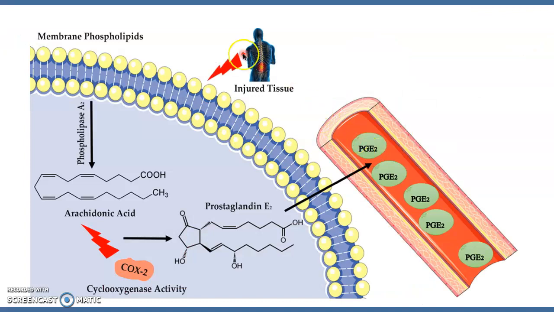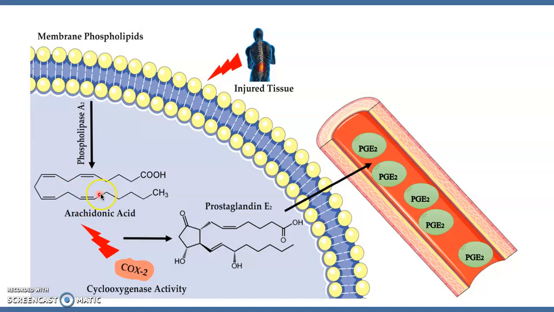So let's imagine you have a tissue injury. That's going to activate an enzyme. The enzyme's name is phospholipase A2. So it works on a phospholipid, and you see the A suffix. It's an enzyme that works on a phospholipid, and these are the ones that cleave off the arachidonic acid, which you can see the chemical structure for here.